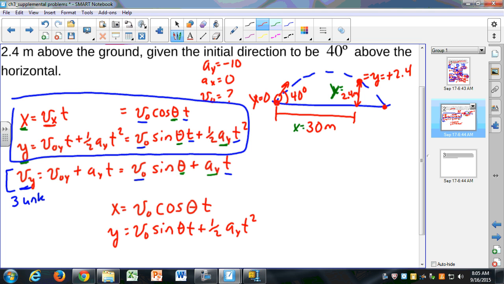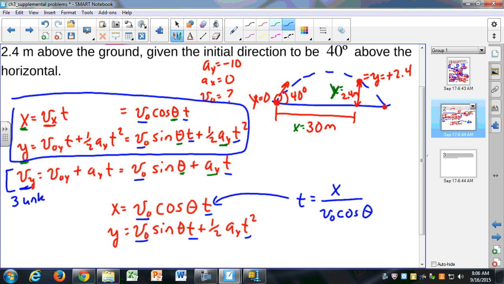All right, guys, so I have this system of equations. Again, these are my unknown quantities, V naught, T. You want to solve this in this way. You're going to take this equation and solve it for T. So I have T equals X over V naught cosine theta.